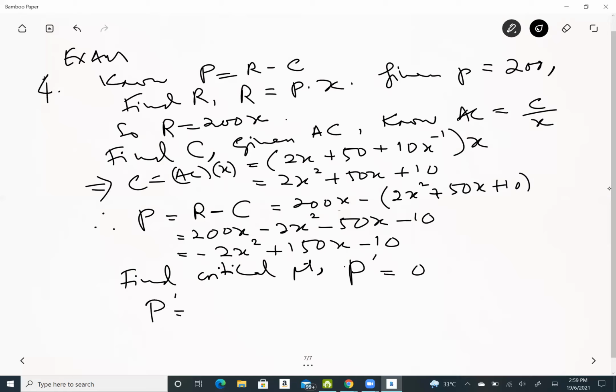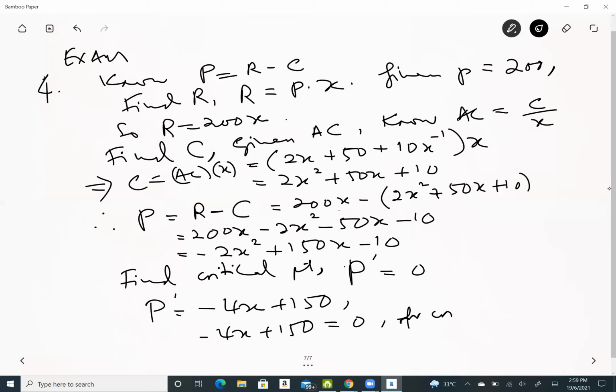P prime is equal to negative 4x plus 150. All right, and then you set that to 0. What do you get? You get negative 4x plus 150 equal to 0, for the critical point.